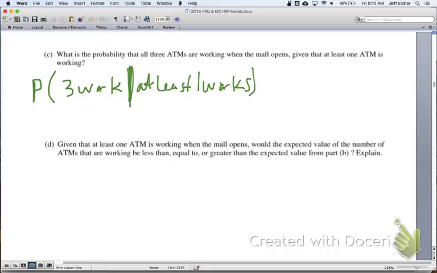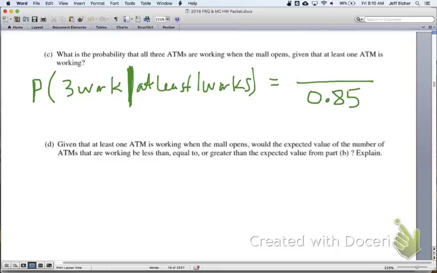And that given, the conditional line there, indicates that it's a conditional probability. Now, if I remember right, the answer to part A, the probability that at least 1 is working, was 0.85. That is our new denominator. Ignoring the 0 case, 0 can't happen here, so at least 1 is working, 0.85.